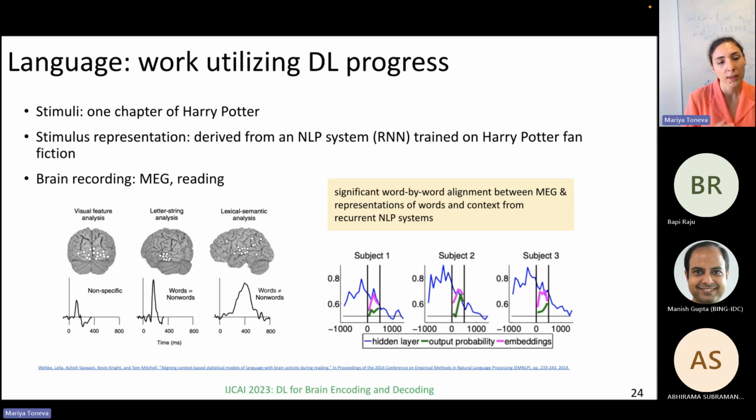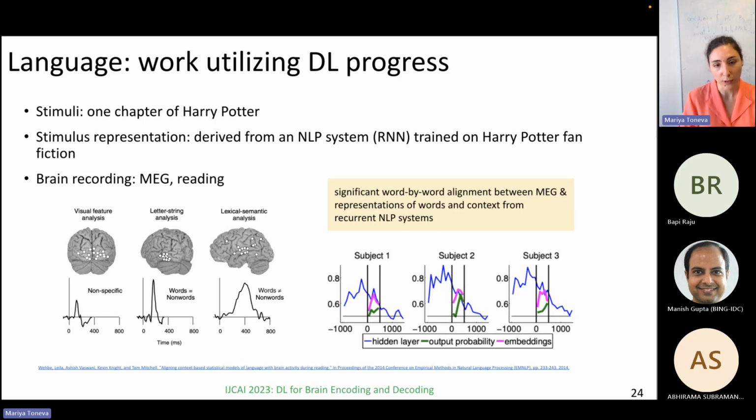So what they show is there's significant word-by-word alignment between the MEG response and the representation of both embeddings. So these are the word level representations that don't contain the actual context, as well as the actual contextualized representation, which are from the hidden layer of this recurrent neural network.